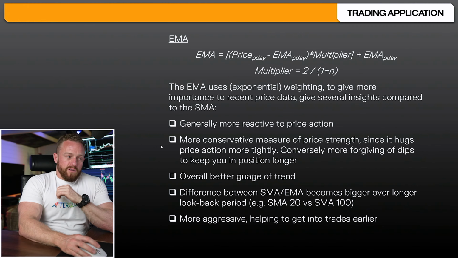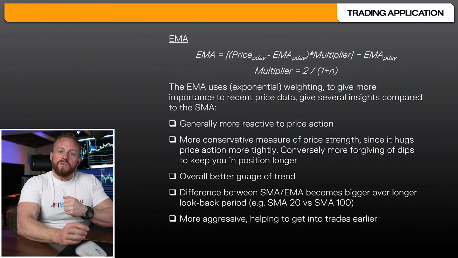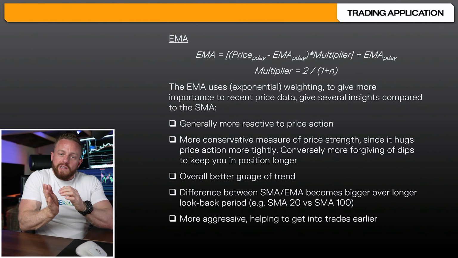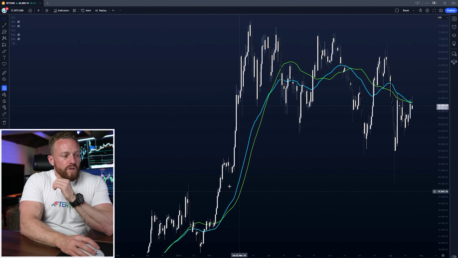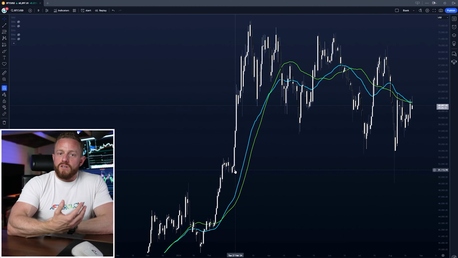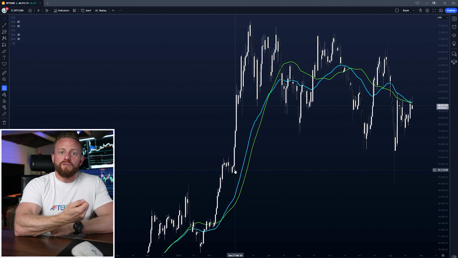The second point is that the EMA line is more conservative in terms of a measure of price strength, because when you get that upwards trend and the EMA is reacting quickly, it's hugging closer to the price action. So, for example, halfway through that impulse, we got a bit of a pullback here. Now, let's say your trading strategy was that you would remain in your long position whenever price is above the moving average line.